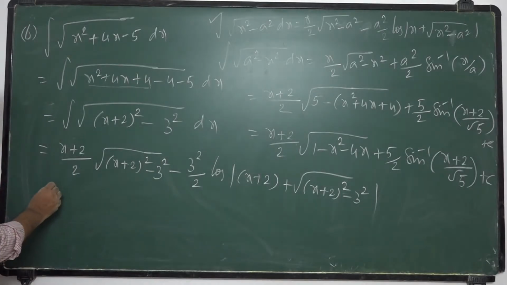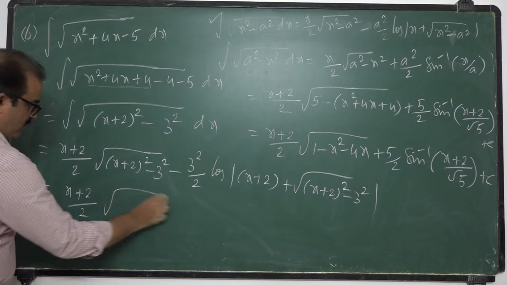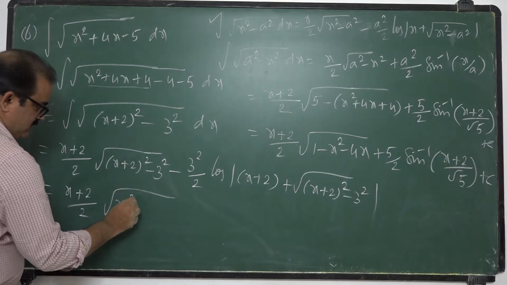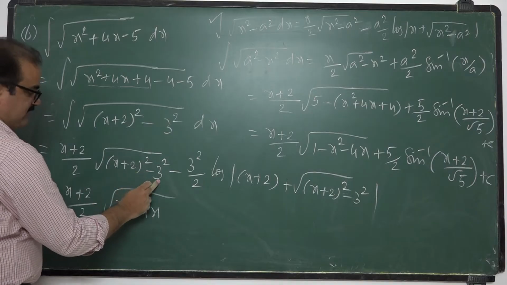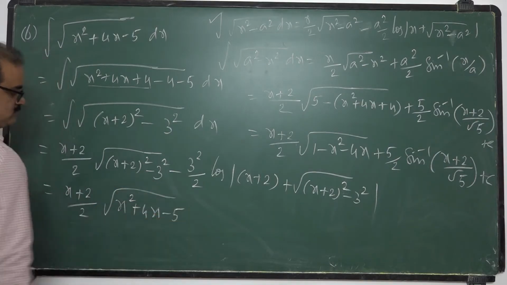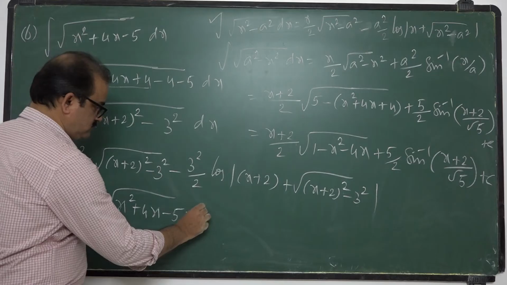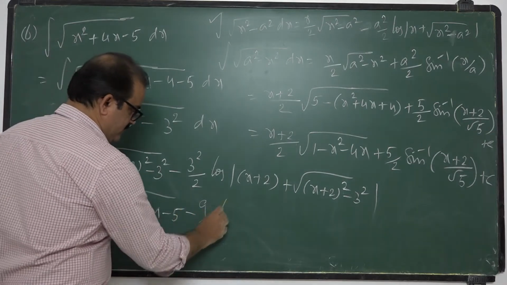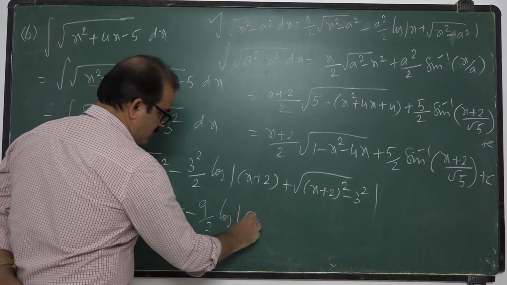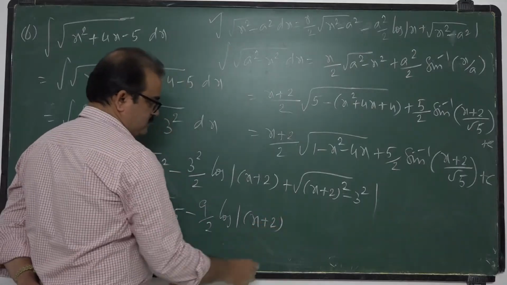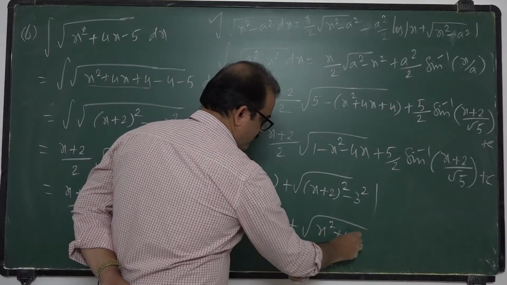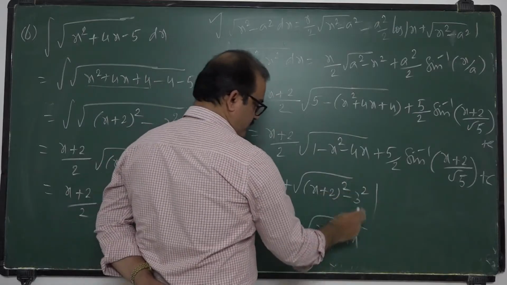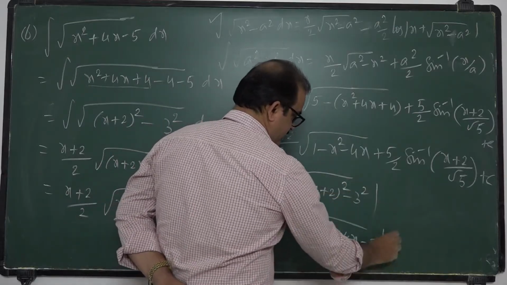Now expand it. x square plus 4x plus 4 minus 9 minus 5. 9 by 2 into log mod x plus 2 plus root of x square plus 4x plus 4 minus 9 minus 5, plus c.